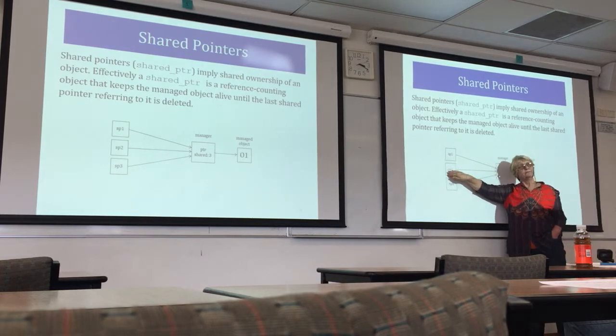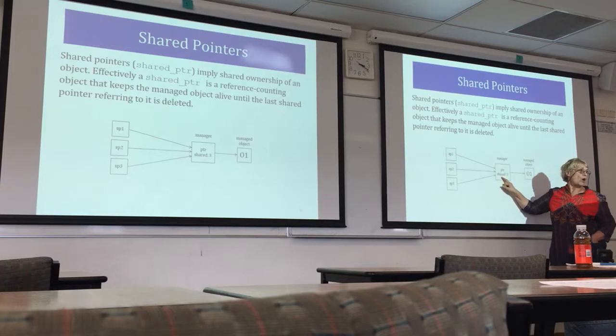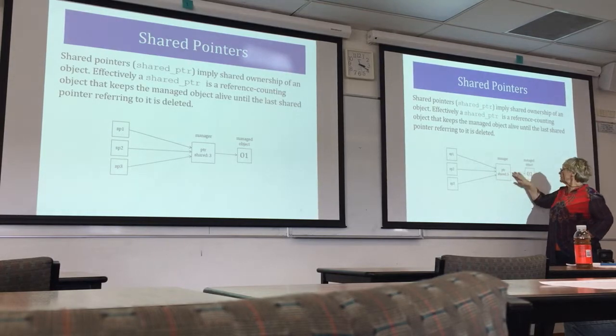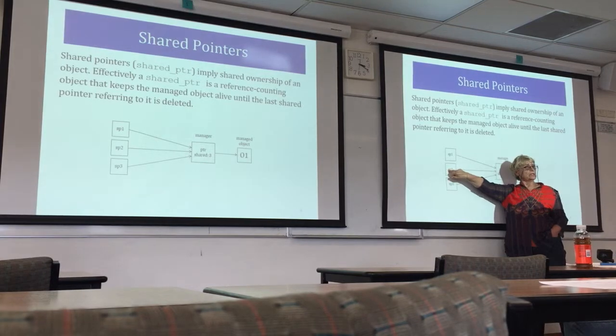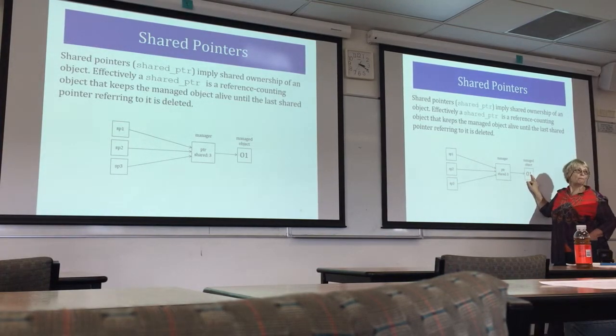What happened is this share pointer increases the reference counter in the manager object to 2, and nothing happens because this pointer is there. But if we dereference this, we get access via manager object to the object to which it points.